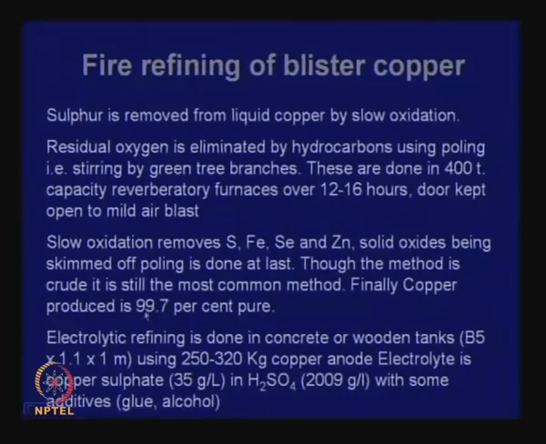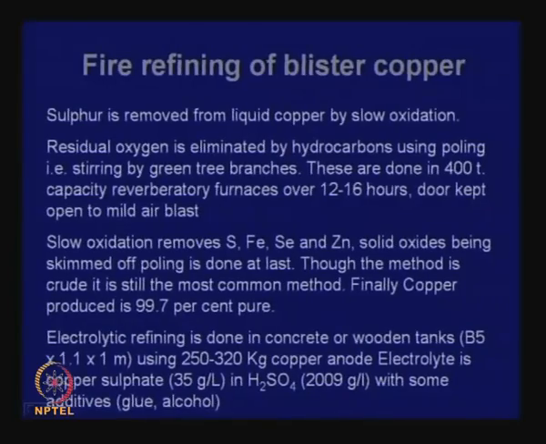Now, this copper has to be refined further, and it will be done by electrolytic refining, which is done in concrete or wooden tanks.